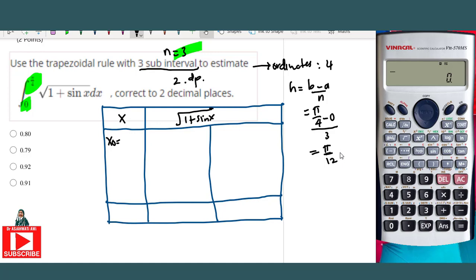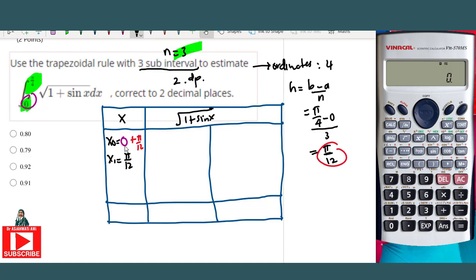Make sure the answer is 2 decimal places; while calculating you need to give an extra 1 decimal, so 3 decimal places. Starting with the 0, plus pi over 12, so for x1, the answer is pi over 12.